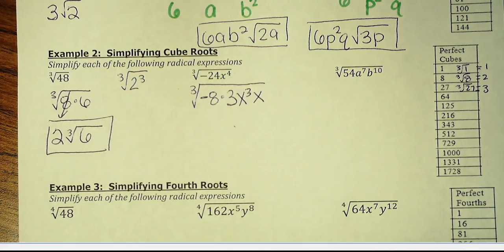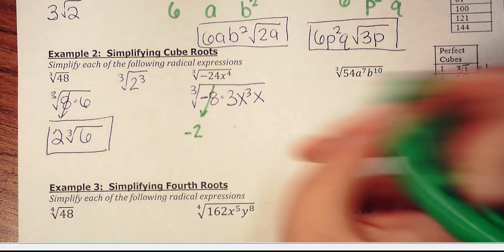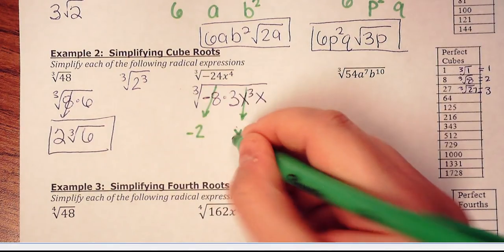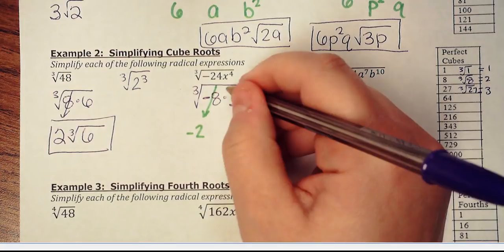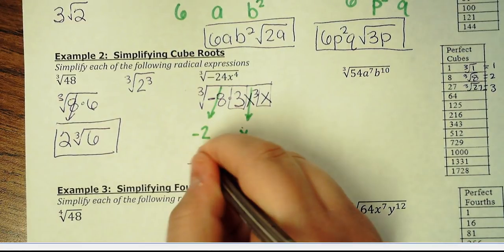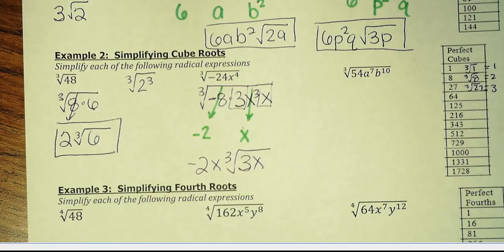Okay, now cube root of negative 8 is negative 2. Cube root of this x to the third, exponent divided by the root, is x. And we're going to have a couple terms trapped under there. So this would be negative 2x cube root of 3x.